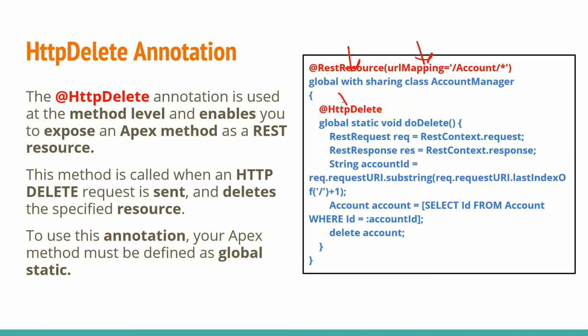Now we are using HTTP delete to do the delete operation. Then there are REST request and REST response. Then we will get the account ID, query it, and delete that particular account. So we have to define it with HTTP delete.